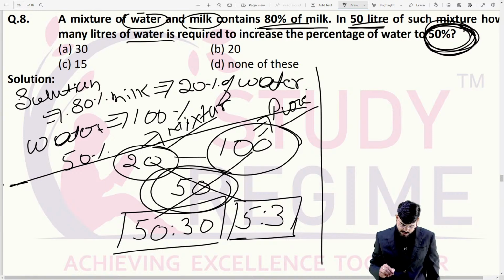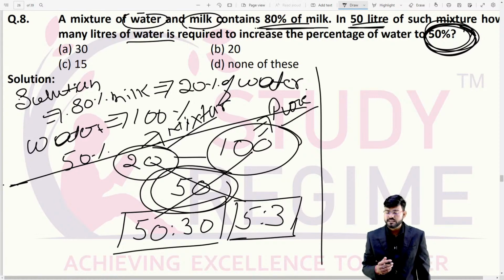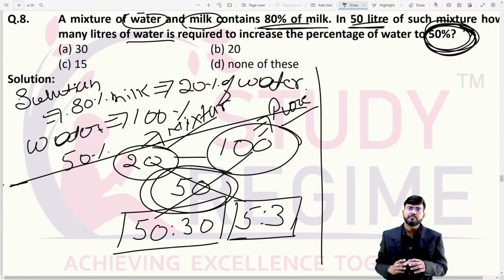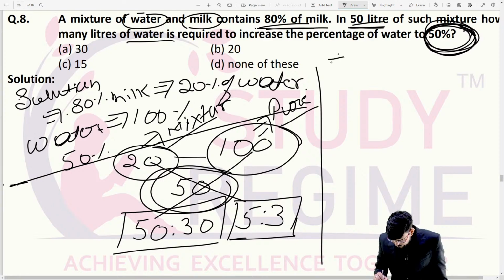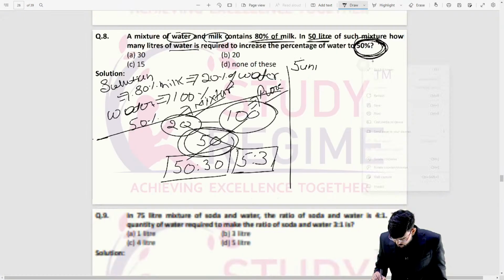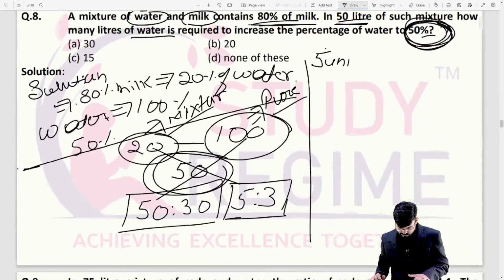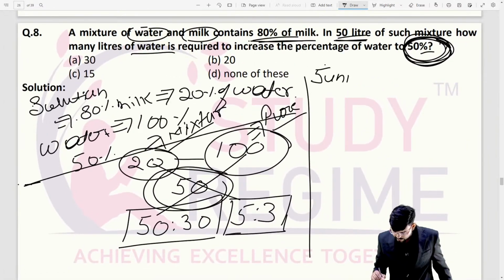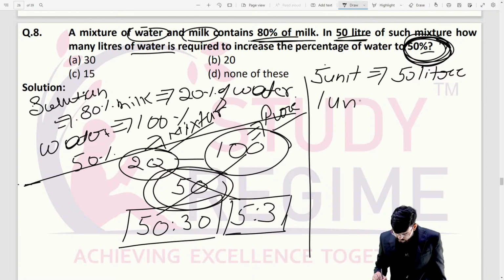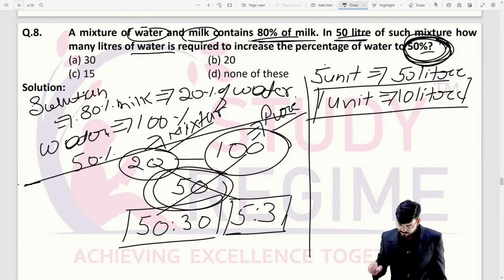So how much quantity of the mixture was there? Earlier in the question it is given that there is 50 liters of mixture. So here 5 units represent 50 liters of mixture. Therefore, 1 unit will represent 10 liters.